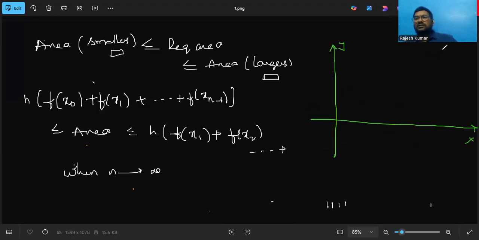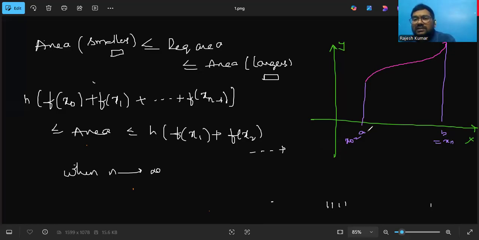As usual, this is my graph and it is in between a and b. I say this is x naught, this is xn. Now I want to divide it into an infinite number of intervals.